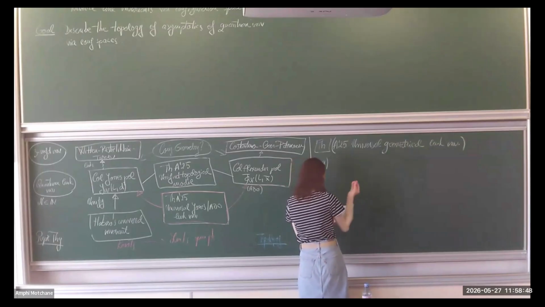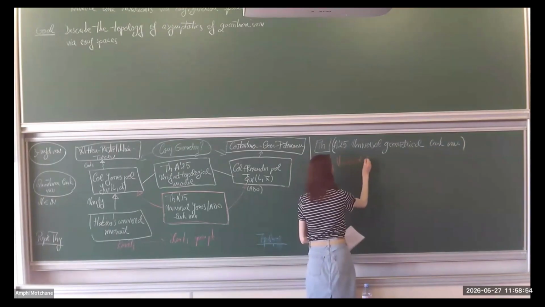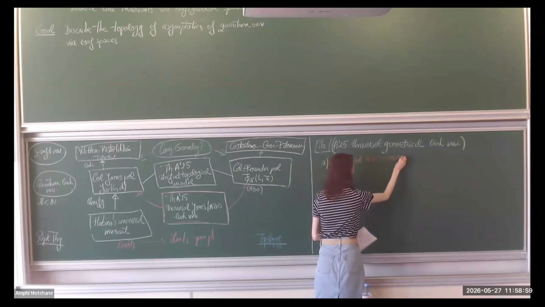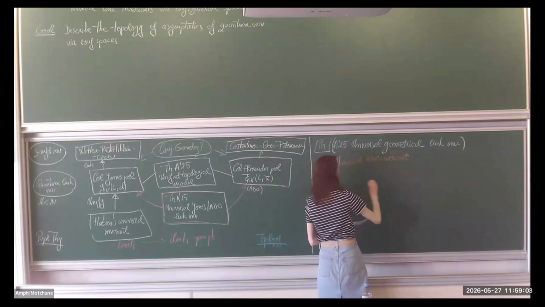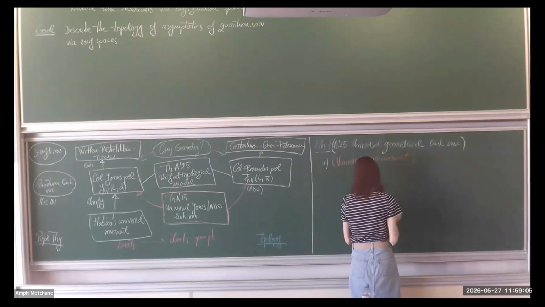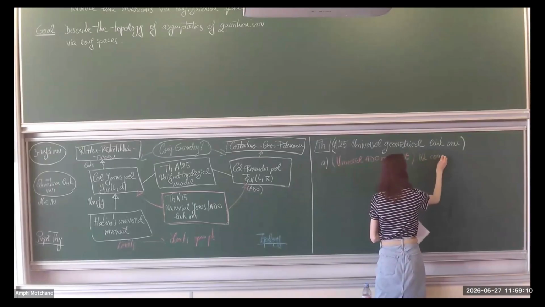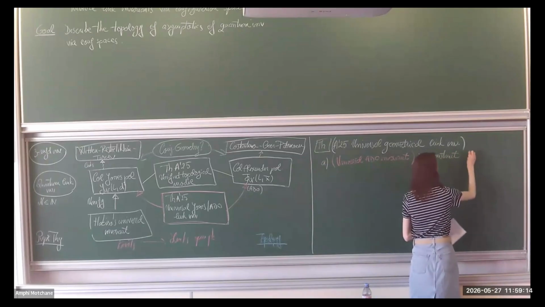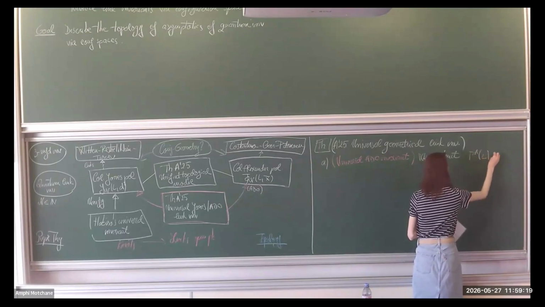The first result will be a universal ideal invariant. So what we'll do is to construct an invariant, which I'll be calling gamma A of a link.